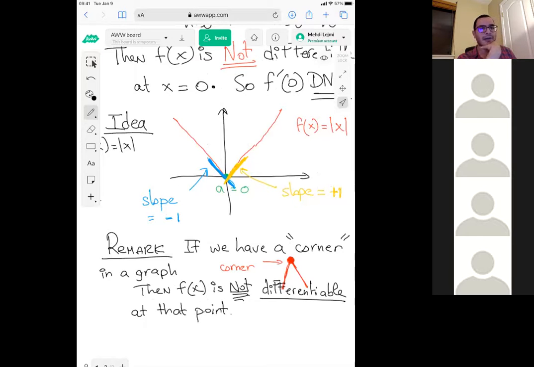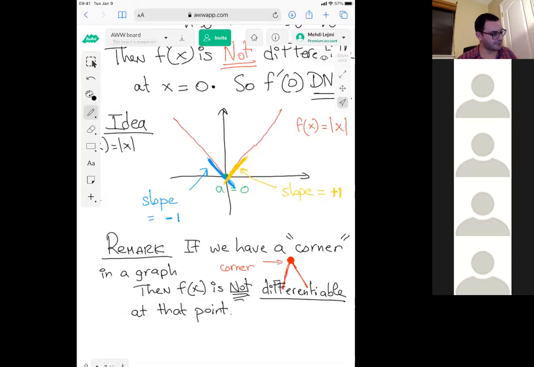But now I'm going to make a comment about the continuity, right? So f is not differentiable. Okay, so here's a question for you guys. Do you think that f is continuous at 0 in this case?